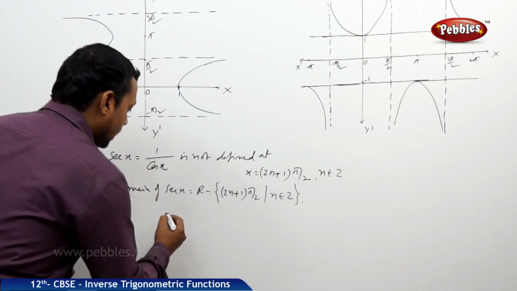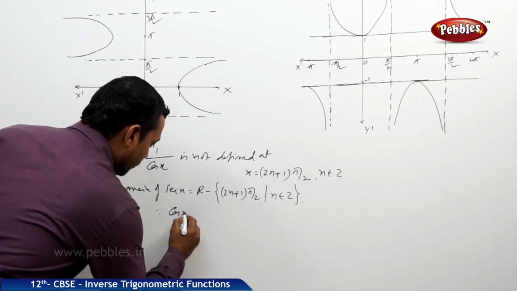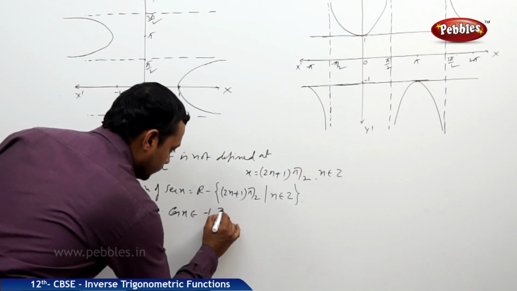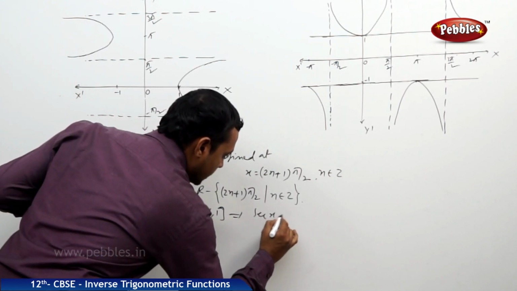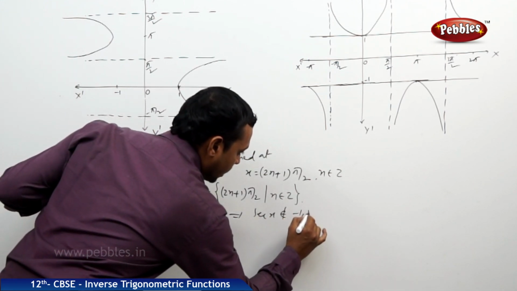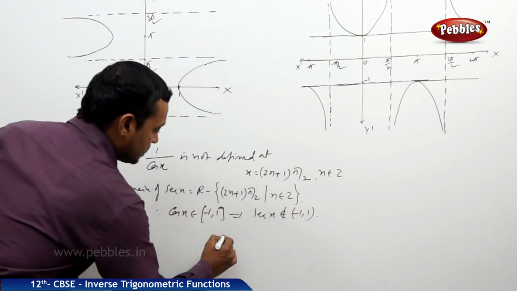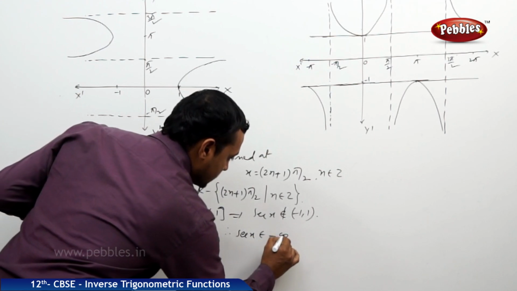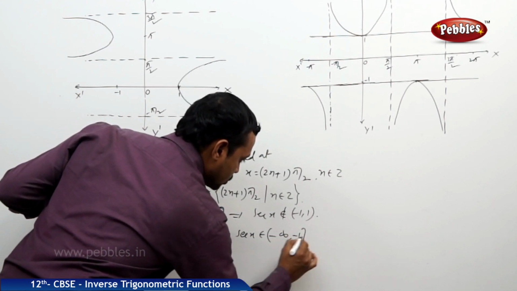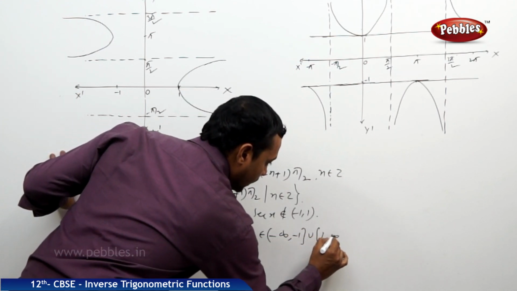Since cos x belongs to minus 1 to 1, secant x does not belong to minus 1 comma 1. That means secant x belongs to minus infinity to minus 1 closed union 1 to infinity.